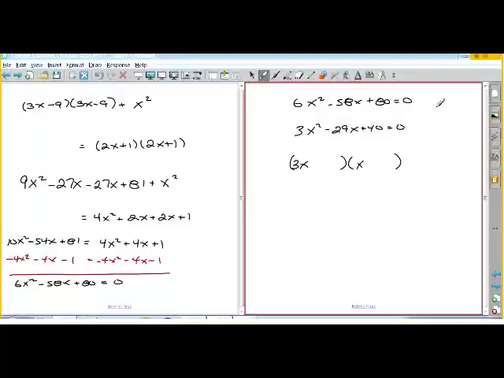So let's just try a few things here. What do we have? We have 5 and 8 and 4 and 10. If I put 10 here, I'd get 10 times 3, which is 30, which is more than I need already. So that's not going to work. Unless I did it the other way: 10 plus 12 is 22, so that one doesn't work. And let's try the 8 and 5.